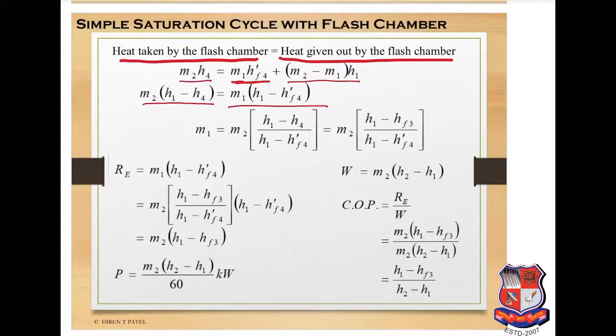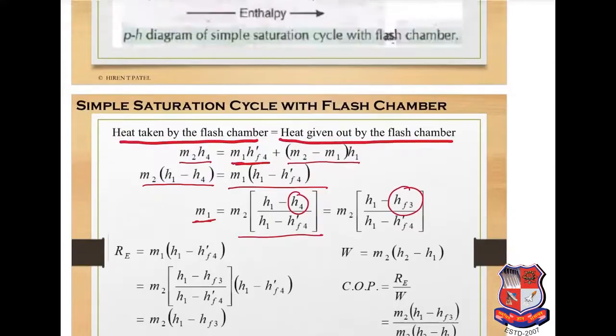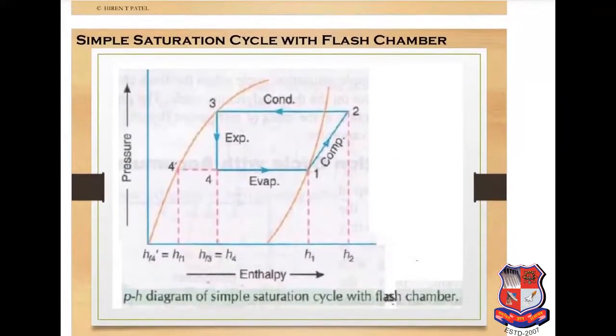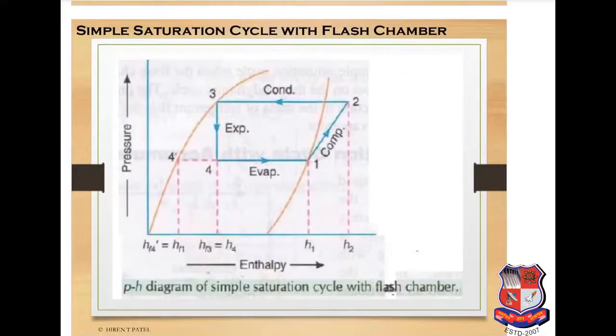From that we get the equation for m1, that is m1 equals m2 (h1 minus h4) divided by (h1 minus hf4 dash). Also h4 is equal to hf3, so h4 can be replaced by hf3. Here you can see inside the p-h chart that the enthalpy at 4 and 3 is the same.